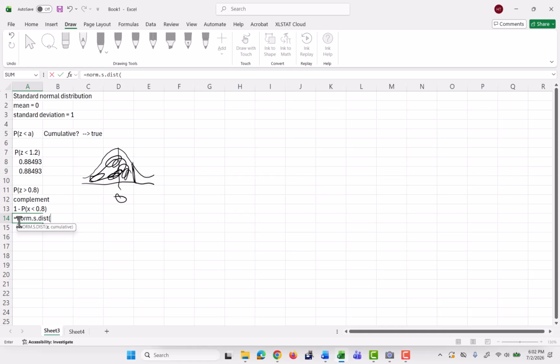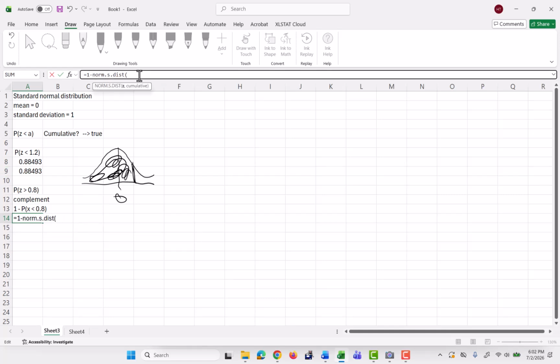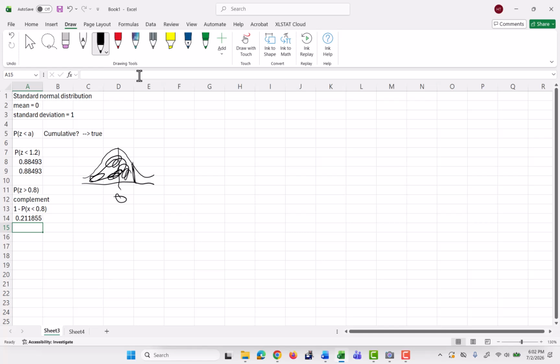I forgot to put my 1 minus in there, so let's go back before that. Put 1 minus NORM.S.DIST of 0.8 and true. That makes sense, being greater than 0.8, about a 0.2119 probability.